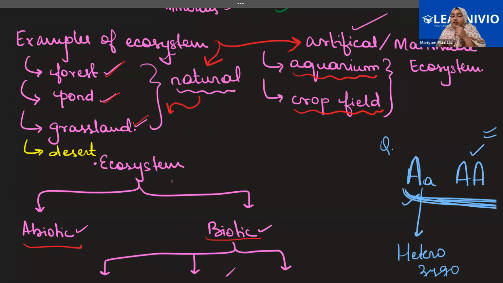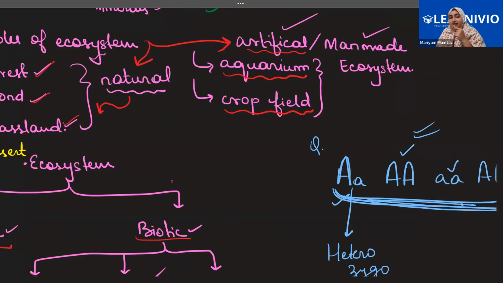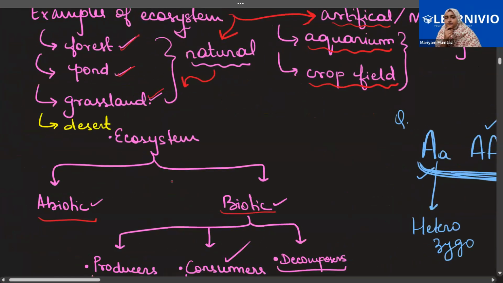Then comes the artificial or man-made ecosystem, which we have made on our own and is not naturally present in the world. The aquarium and the crop field come under the artificial ecosystem.